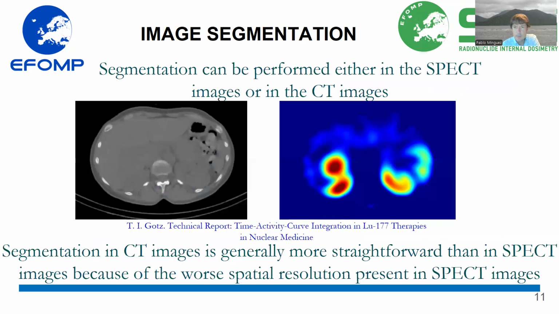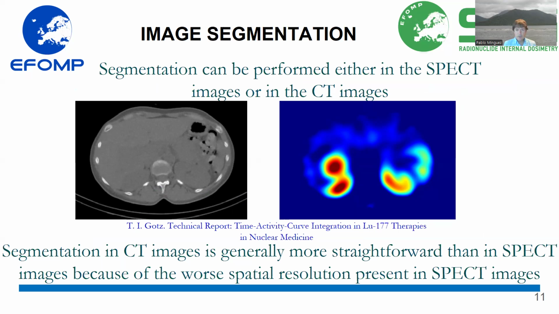Segmentation could be performed either in the SPECT image or in the CT image. Segmentation in the CT image is generally more straightforward than in SPECT images because of the worse spatial resolution in SPECT images.